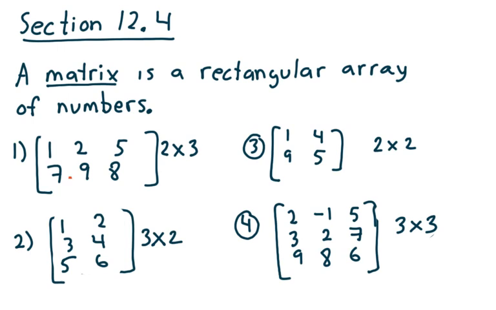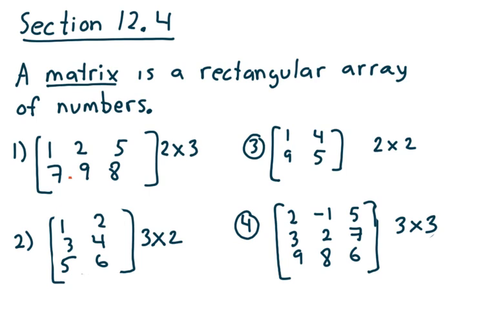A matrix is a rectangular array of numbers. In example 1, we have the matrix 1, 2, 5, 7, 9, 8. If you notice, the entries of the matrix are arranged in the form of a rectangle.